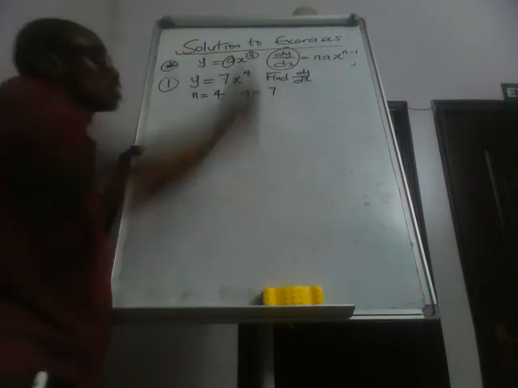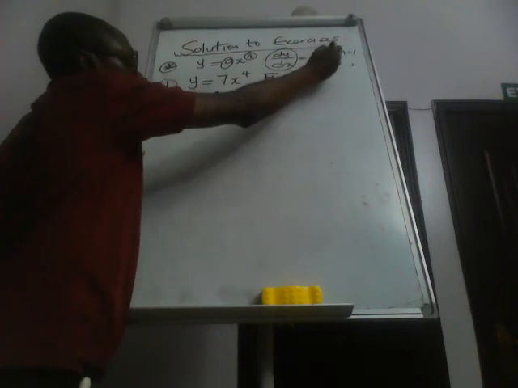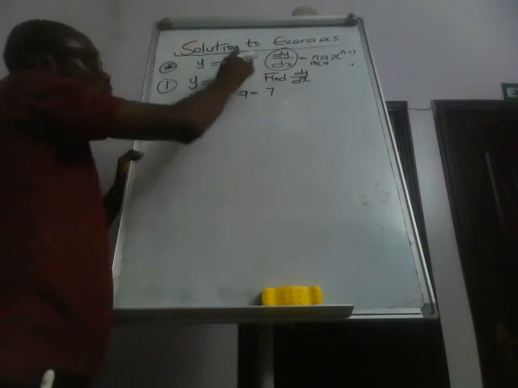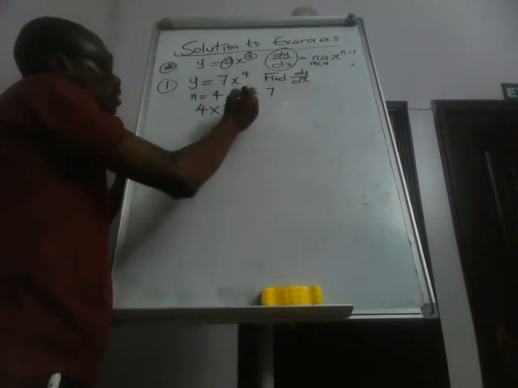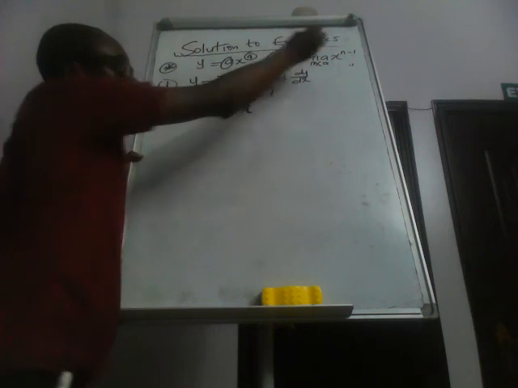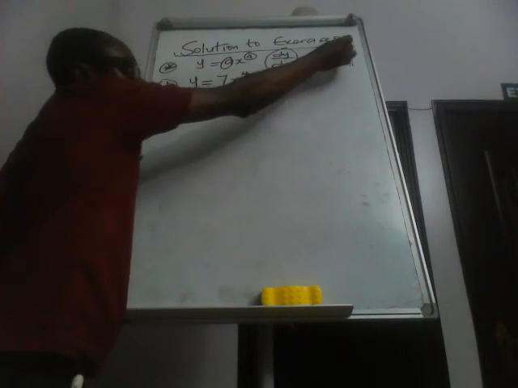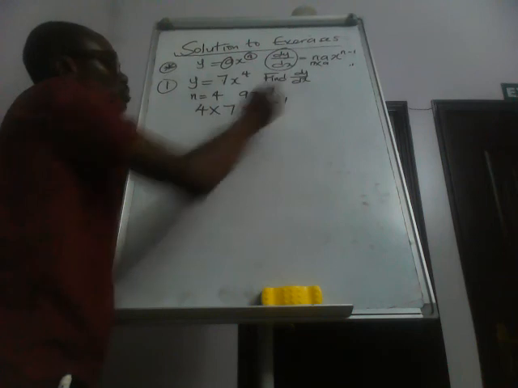From here, I told you that na means n times a. So this is going to be 4 times 7. Then x to the power 4, based on what we have here, n is going to reduce by 1. So that will be 4 minus 1.